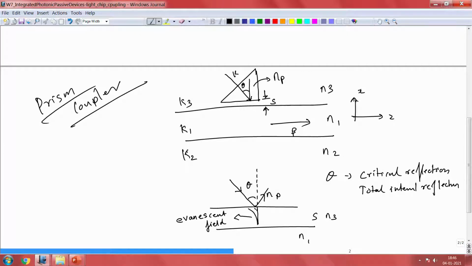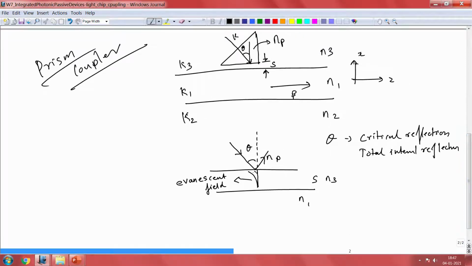So, when the light is illuminated at total internal reflection angle at the surface between NP and N3, your total internal reflection angle is not from the angle that you are illuminating outside the prism. The angle is inside the prism. So, when you do that, it creates an evanescent field, and we all know that evanescent field will have a tail, and this evanescent field would try to couple the light to your beta.